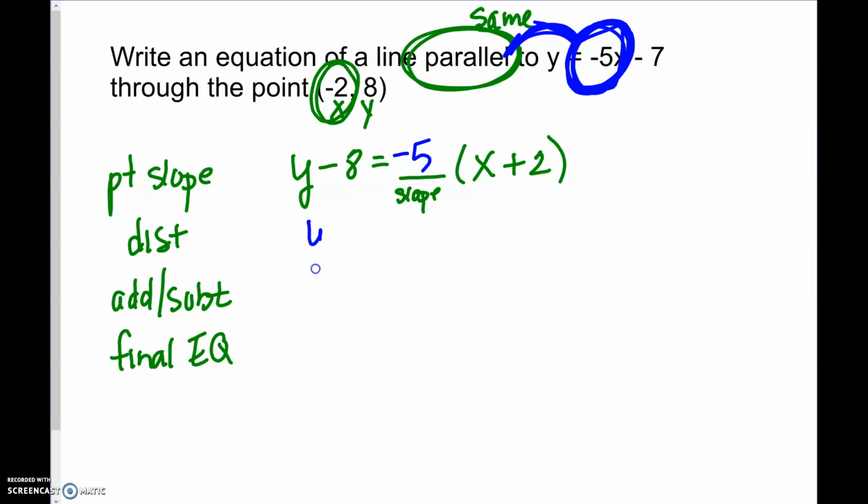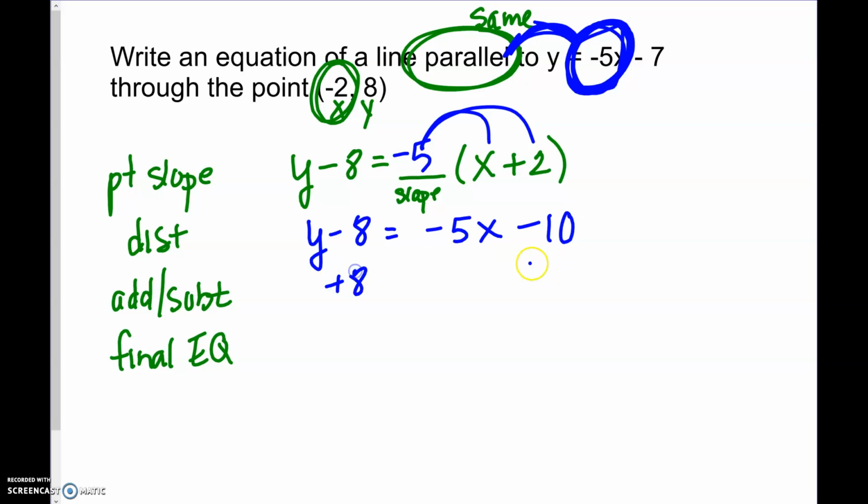Now we're going to distribute. So y minus 8 equals a -5 times x is minus 5x. Now what number are we going to write next when we distribute? A -5 times 2 is a -10. Now we're going to add 8.